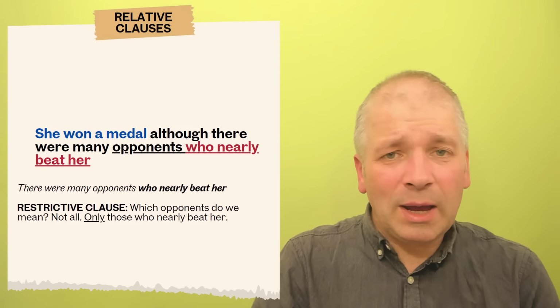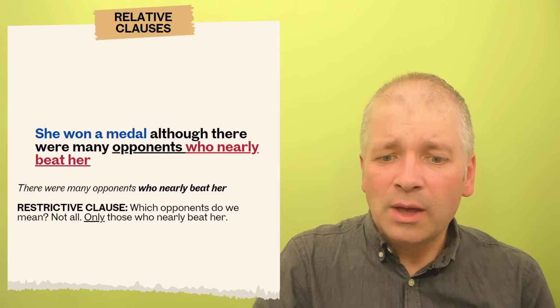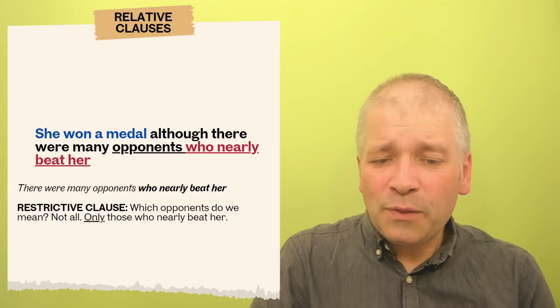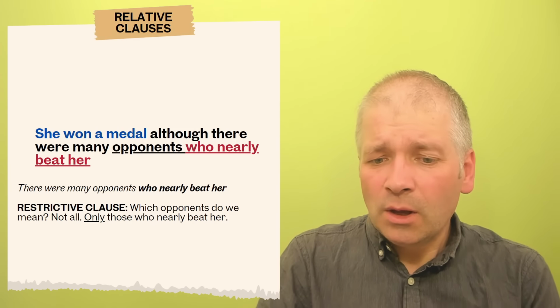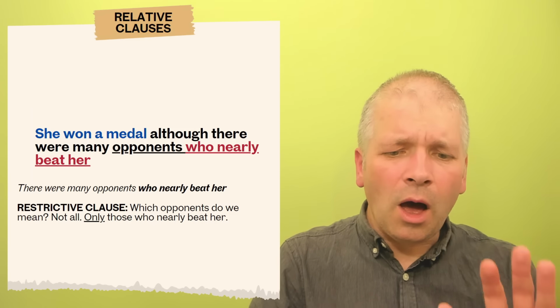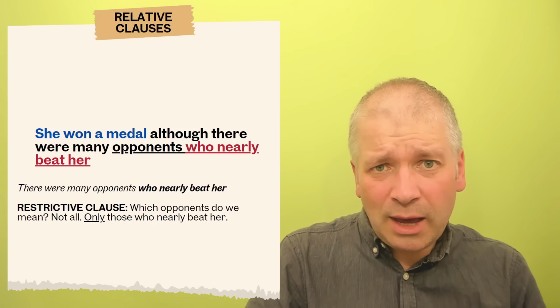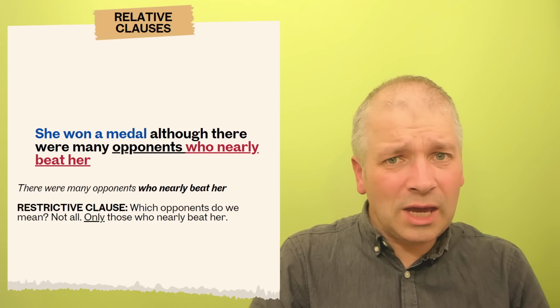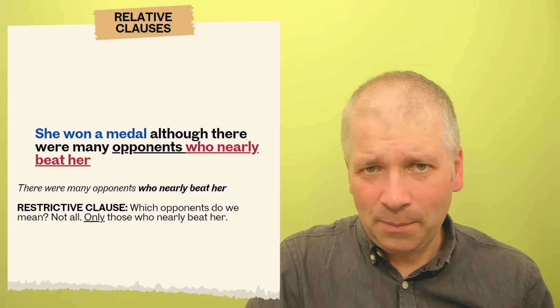So we have two types of relative clause. We have what's called a restrictive clause. Look at the example, there were many opponents who nearly beat her. Which opponents do we mean? Not all of them. Only those who nearly beat her. So in this case, we are not talking about all opponents. We're talking about some of the opponents.